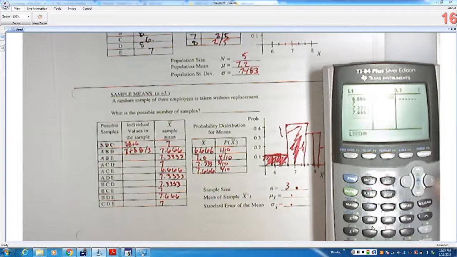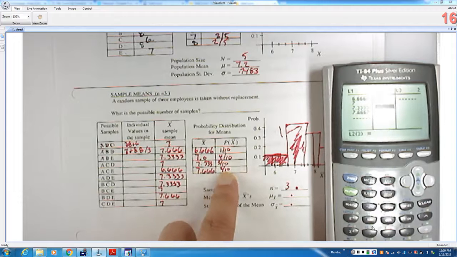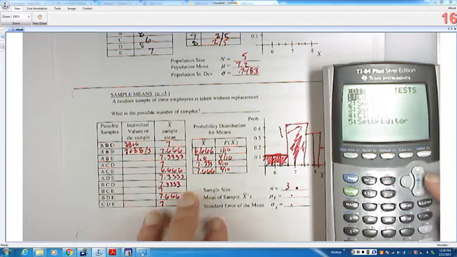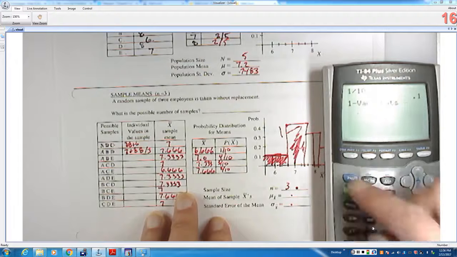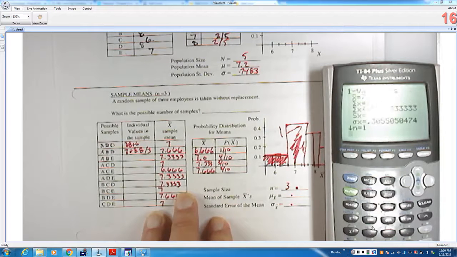And then on the other one, I'm going to put my probabilities. 1 divided by 10. 4 divided by 10. 3 divided by 10. And 2 divided by 10, correct? And we're going to have stat, calc, one variable stats, L1, comma, L2.